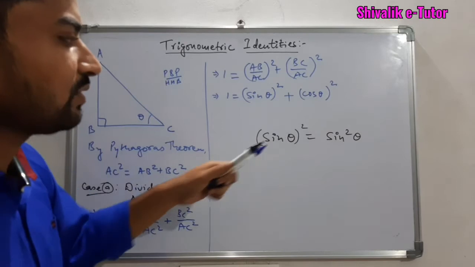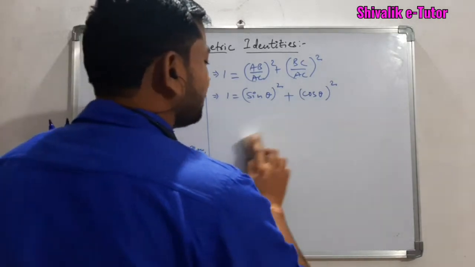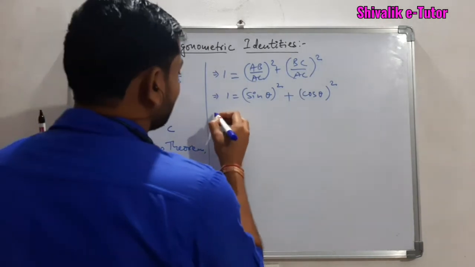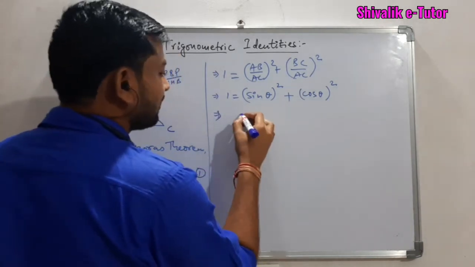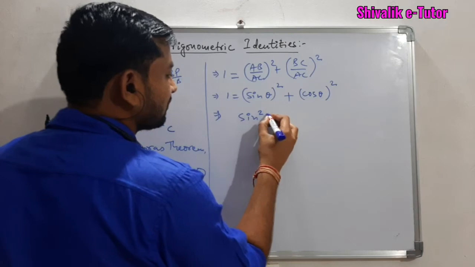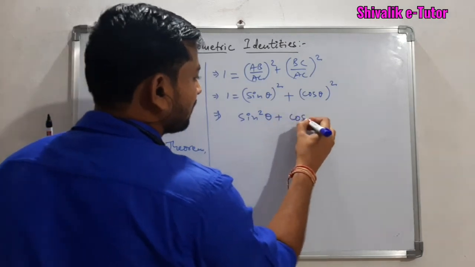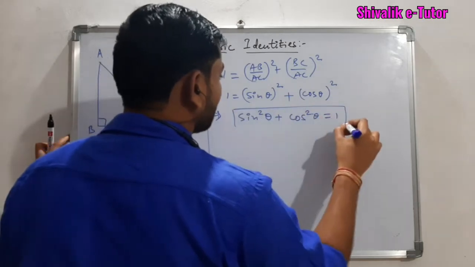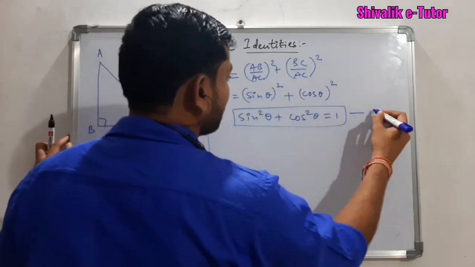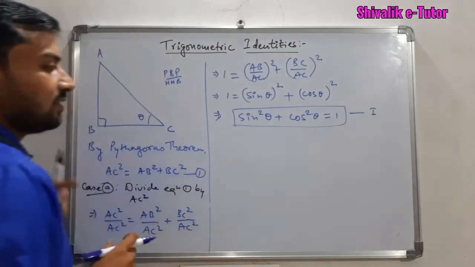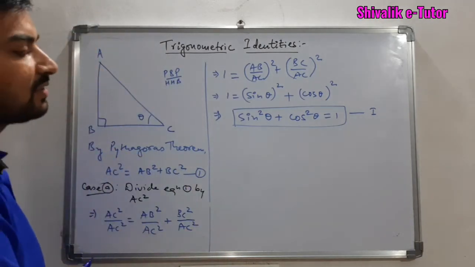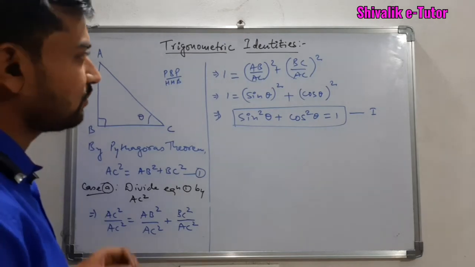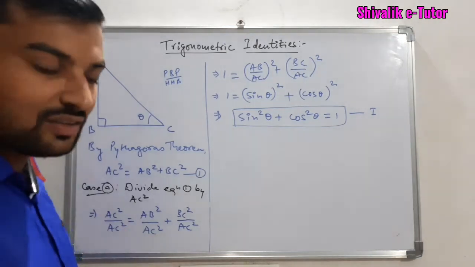So sin theta square will be written as sin square theta, and any other power will be written the same way. So rearranging this, we write sin square theta plus cos square theta is equal to 1. This is our first identity, which we will use in proving other results. Sin square theta plus cos square theta is always 1. So this is the first trigonometric identity.